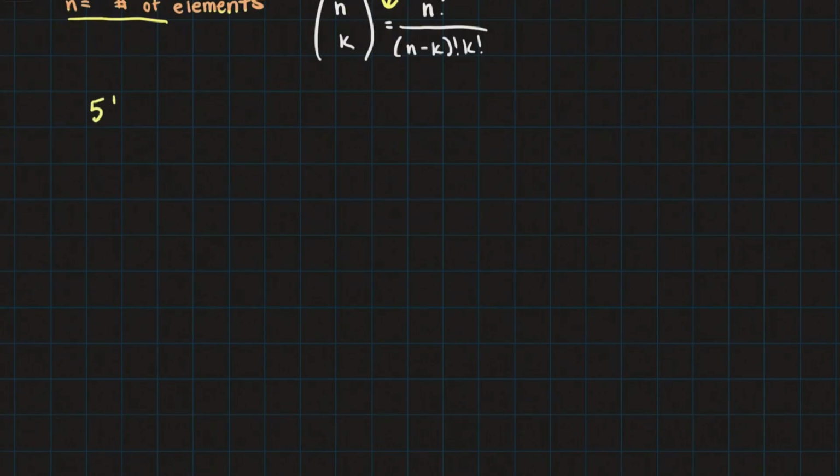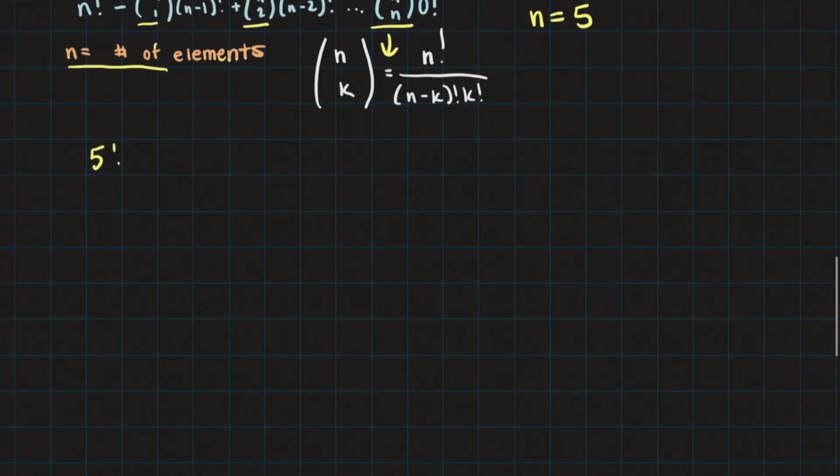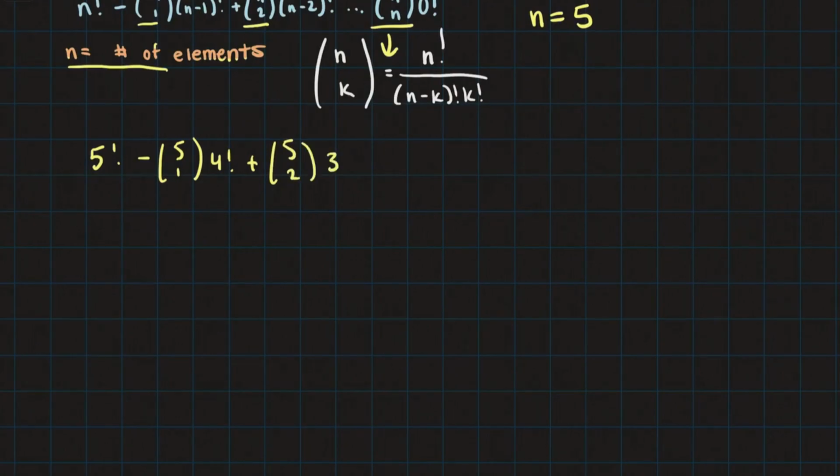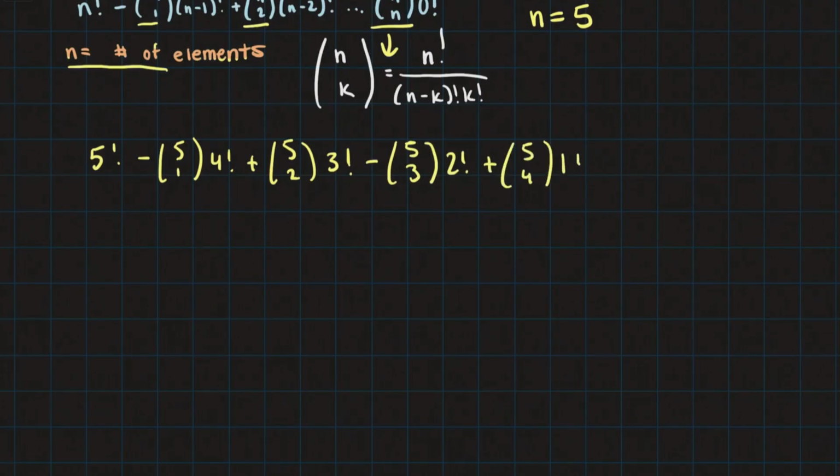So here we're going to have 5 factorial, and 5 choose 1 times 4 factorial, plus 5 choose 2 times 3 factorial, minus 5 choose 3 times 2 factorial, plus 5 choose 4 times 1 factorial, and finally minus 5 choose 5 times 0 factorial.